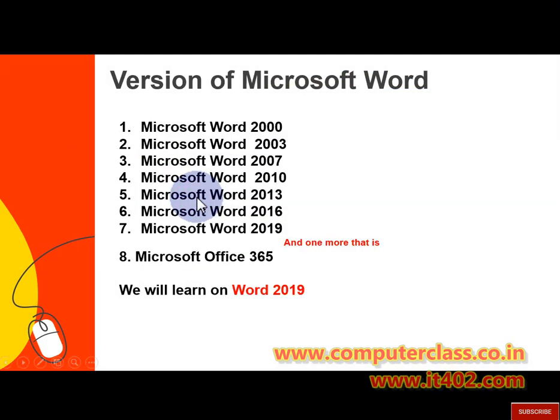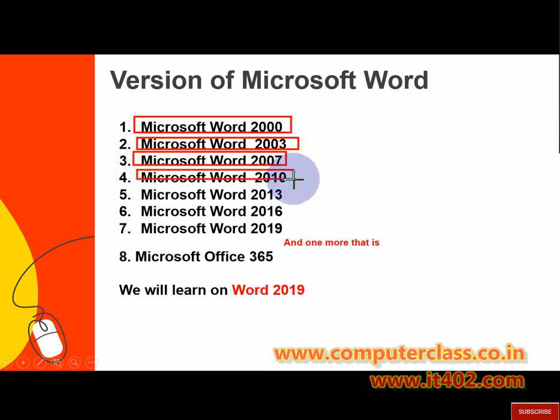The next point is the versions of Microsoft Word. The older ones are Office 2000, Office 2003, then Word 2007, then Microsoft Word 2010, 2013, 2016, and the latest one is 2019. All the previous options are also available in the newest versions.